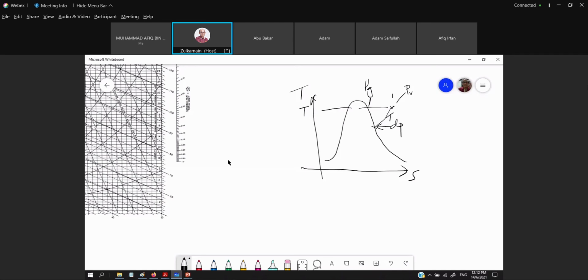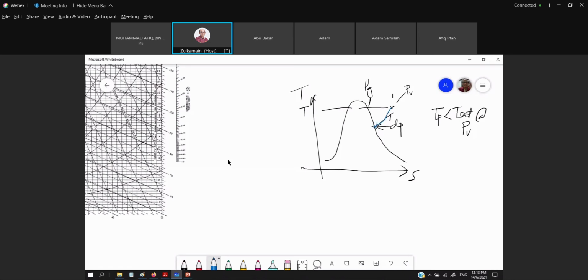If we have this environment with the state 1, when it gets into contact with the surface of the pipe, and the surface temperature TP is less than TDP, at PV, what happens? We are going to have a cooling process right here.